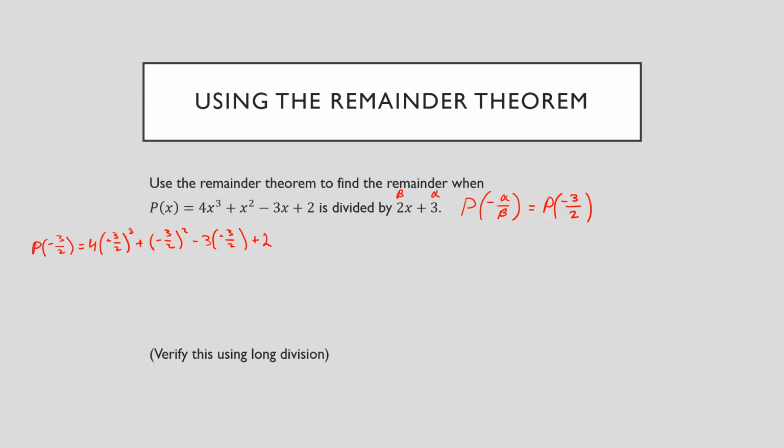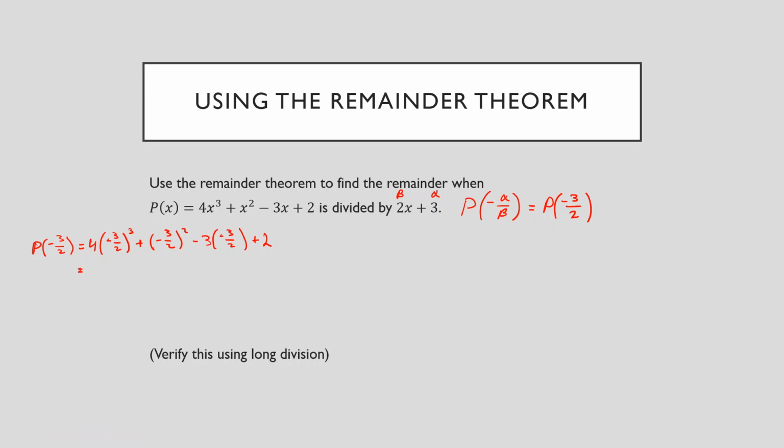Now you could already probably see this is going to give us a bit of a headache because everything's in terms of fractions and we're cubing and squaring fractions and all this nonsense. But it's good practice to deal with fractions sometimes, okay? We can't always play in la-la land where we just deal with positive whole numbers. So we have to deal with fractions sometimes, so let's just do it.